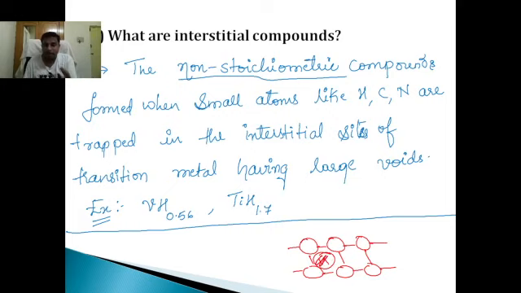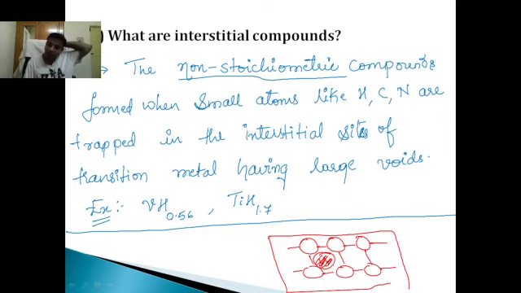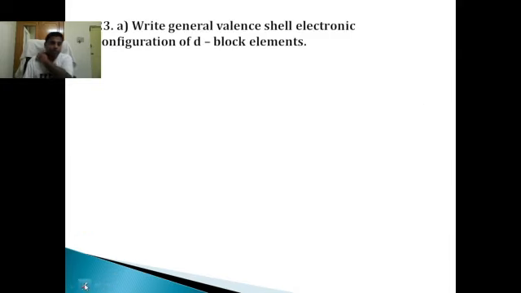When small atoms like hydrogen, carbon and nitrogen are trapped in these interstitial sites, it forms a wide variety of new types of compounds, and these are called interstitial compounds. They are totally non-stoichiometric, and the best examples are vanadium hydride VH0.56 and titanium hydride TiH1.7. So that completes this question.